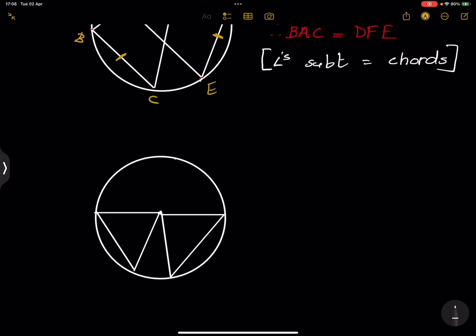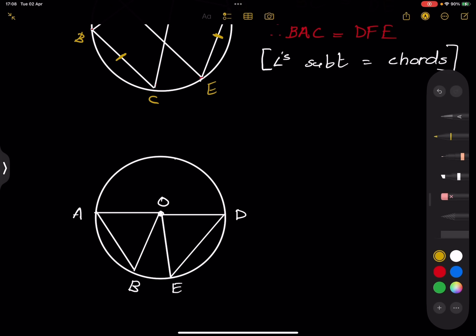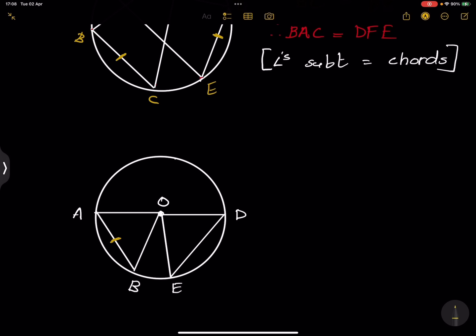Now note, suppose this is given to me as center O again. So there's my center. Let's say this is A, B, and this is D, E. Now note, if it is given to me that AB is equal to DE.